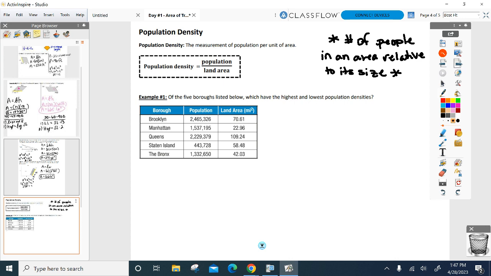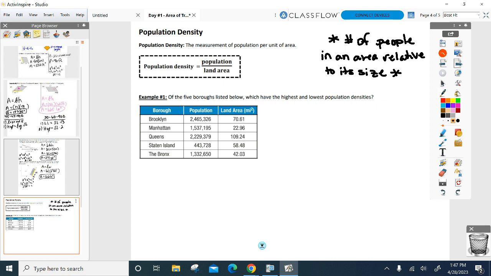Why does it go down? Same amount of people, but in a bigger area. So the more people you have packed into a smaller piece of land, the higher your population density is. How many people do you have in a certain size area? There's the formula: population over land area.